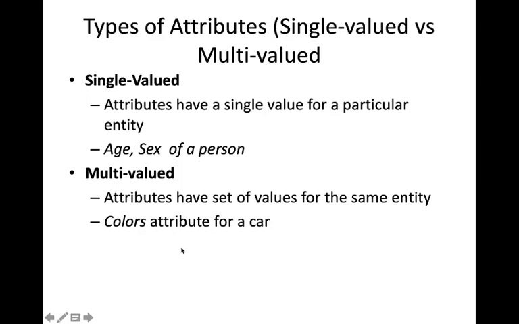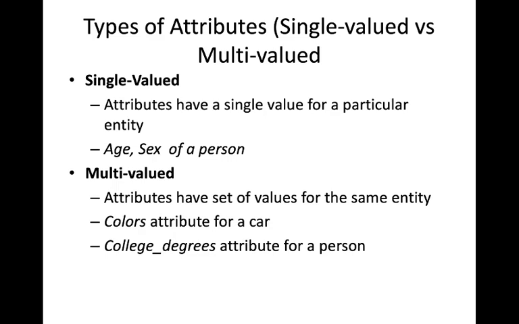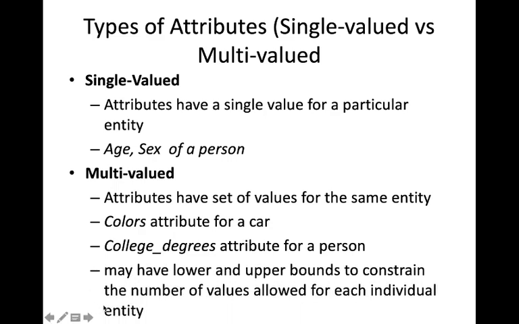Or the college degrees attribute for a person: a particular person may have several degrees, such as M.Tech, PhD, MA, MSc, or MS. So the college degrees attribute can have several values for a particular person, and it may have lower and upper bounds to constrain the number of values allowed for each entity.